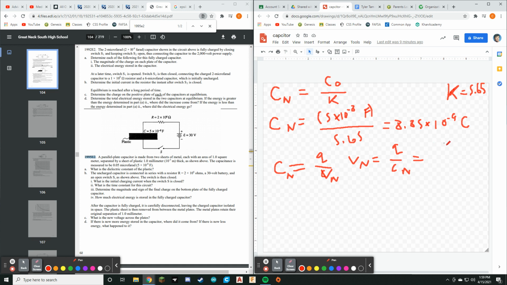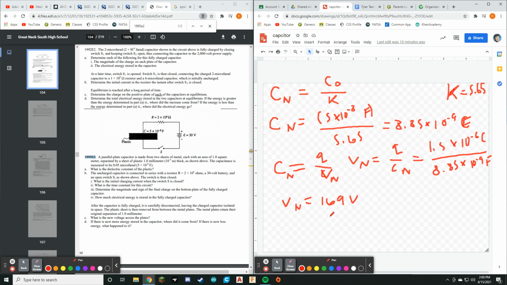Okay, so our charge is going to be 1.5 times 10 to the negative 6th coulombs divided by our new capacitance, 8.85 times 10 to negative 9 F for farads. And so our new voltage when the plastic dielectric is removed is going to be 169 volts.